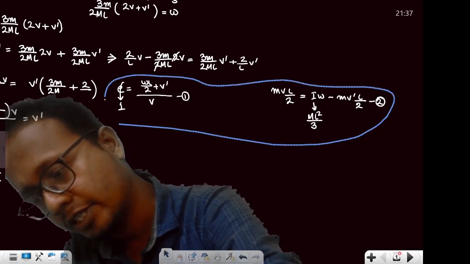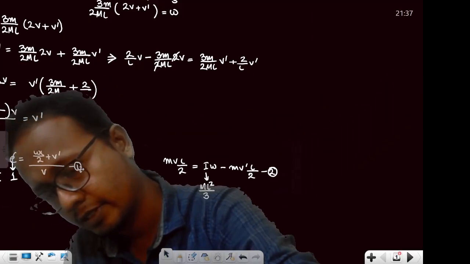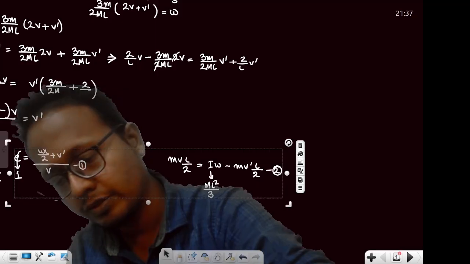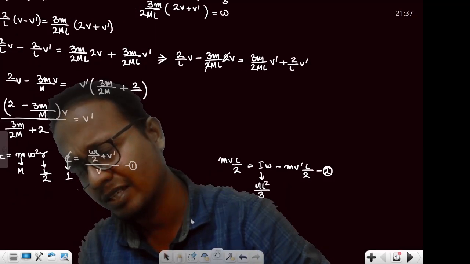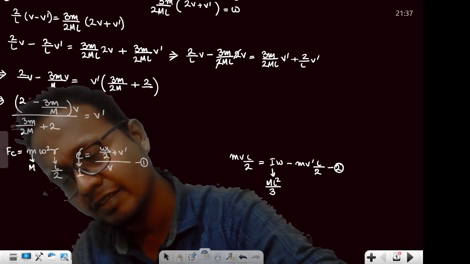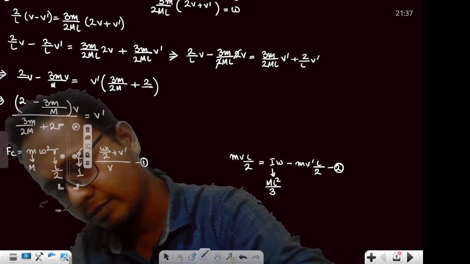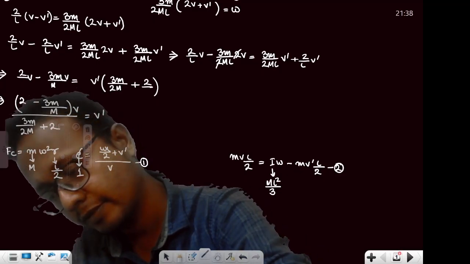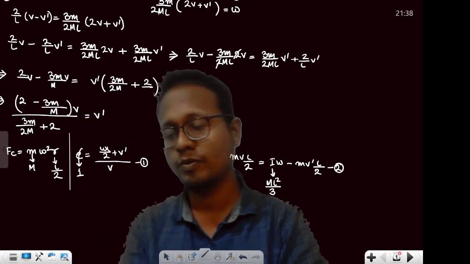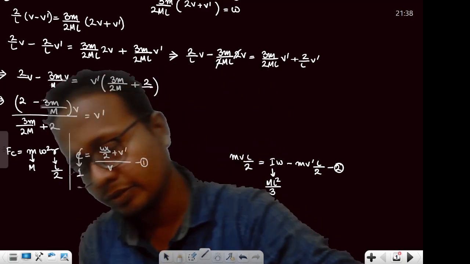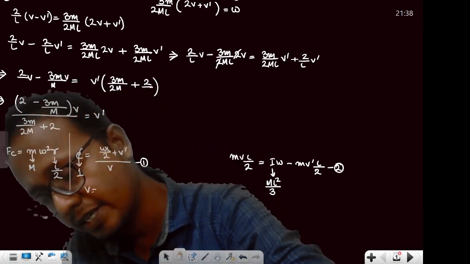I cannot lose this equation. Same two equations, but instead of isolating the variable omega, I need to find the value of omega, so I isolate v dash. Why? Because v dash needs to be eliminated.